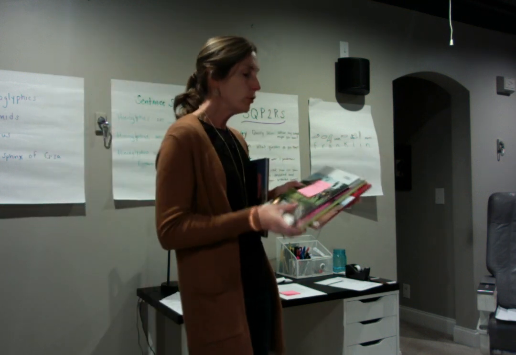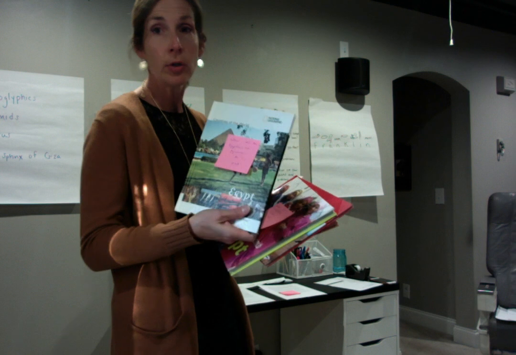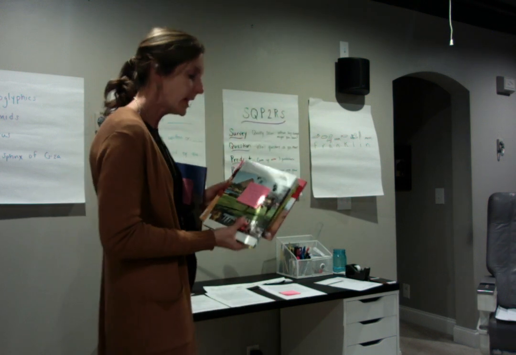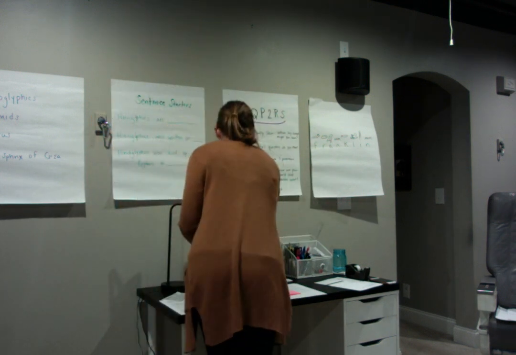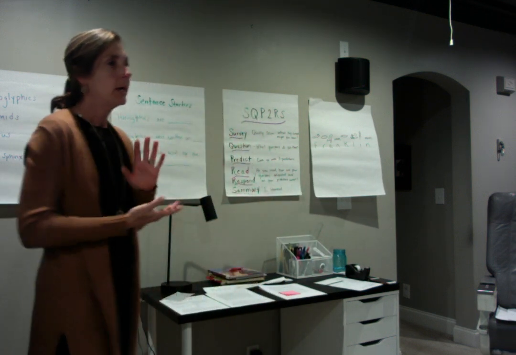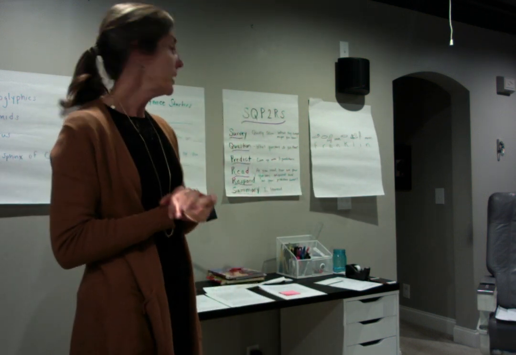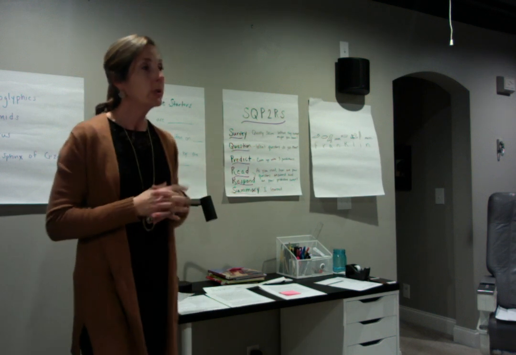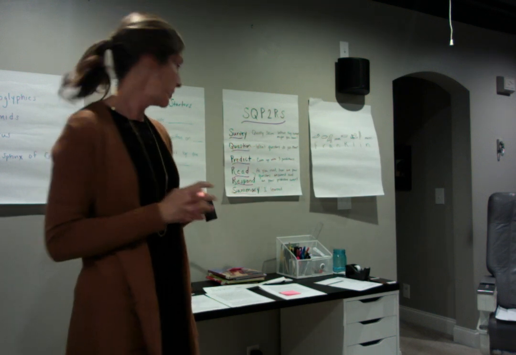So each group would get a different book with a different question, and I would pass those books out and again give the kids maybe 10 minutes. I'm going to give you about 10 minutes to look through the book to answer your question on your Post-it note.